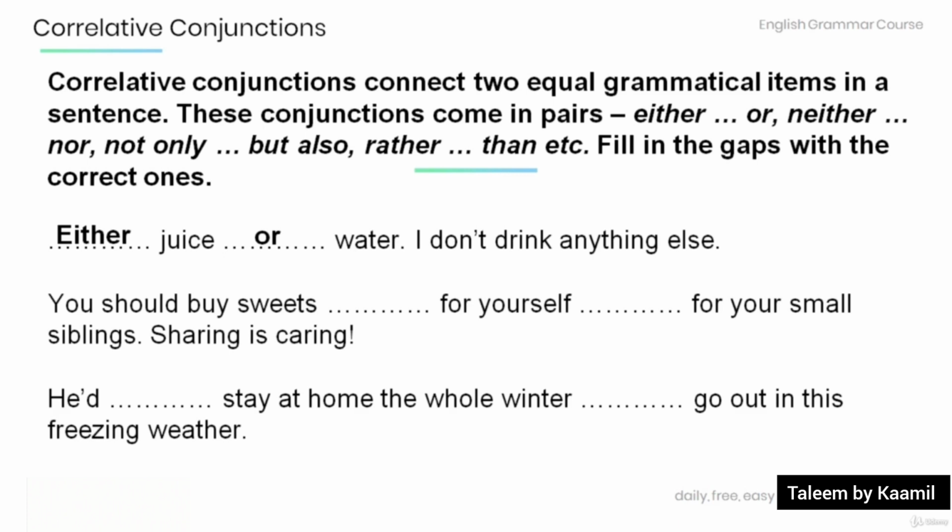You should buy sweets not only for yourself but also for your small siblings. Sharing is caring. He'd stay at home the whole winter. Go out in the freezing weather. He'd rather stay at home the whole winter than go out in the freezing weather.